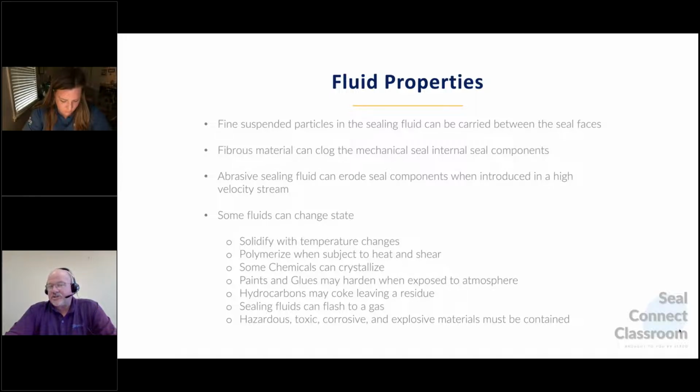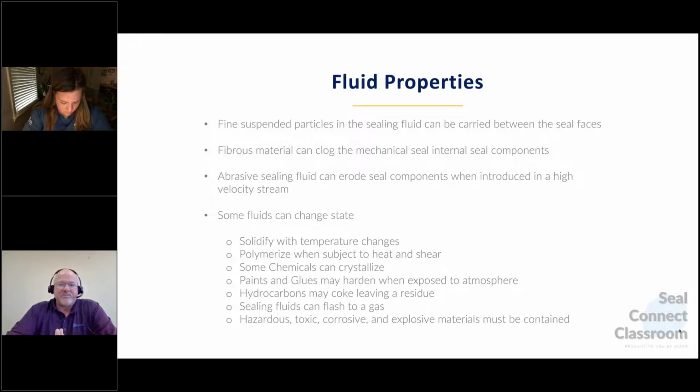And some fluids can change state. Some can solidify with temperature changes. They can polymerize, like we have talked before, and cause heat and shear. Some chemicals can crystallize between the faces. Paints and glues, well, they'll harden when exposed to the atmosphere. Hydrocarbons will coke. In other words, what will happen is, we talked about the seal leaking vapors to the atmosphere.